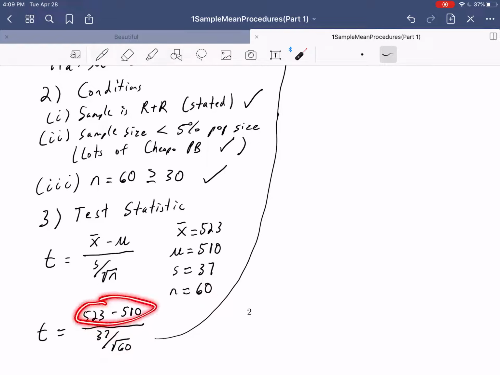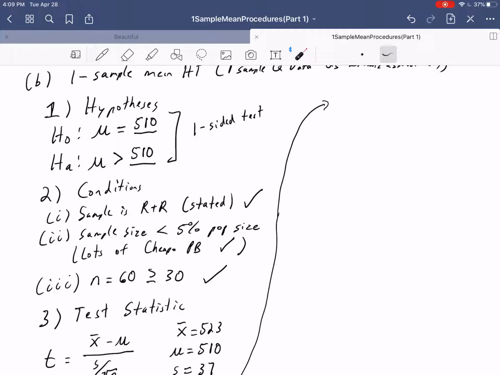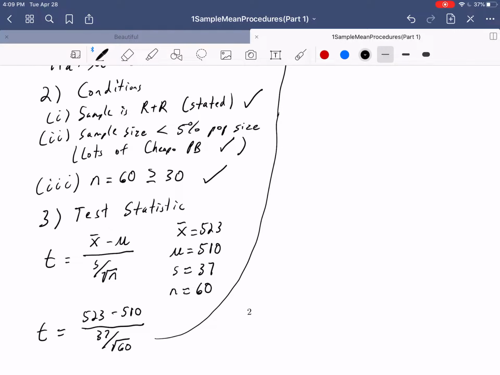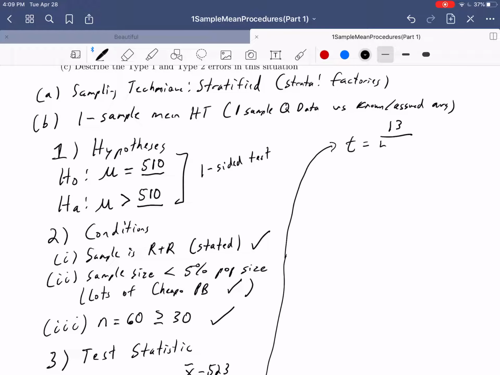So take 523 minus 510 and then do separately 37 divided by square root of 60. Up top, we're doing 523 minus 510, so we should be getting 13 up top. And then in the denominator, we're doing 37 divided by the square root of 60, which should give us 4.78 here.